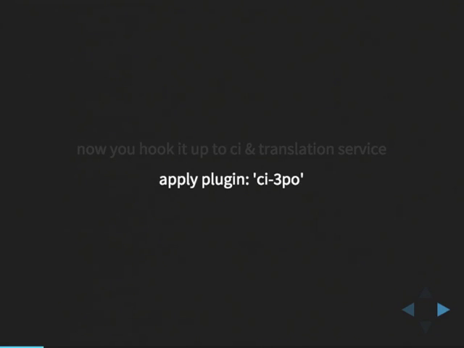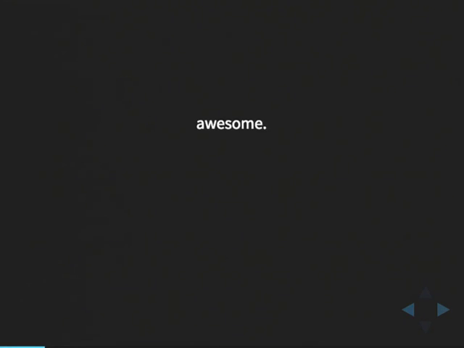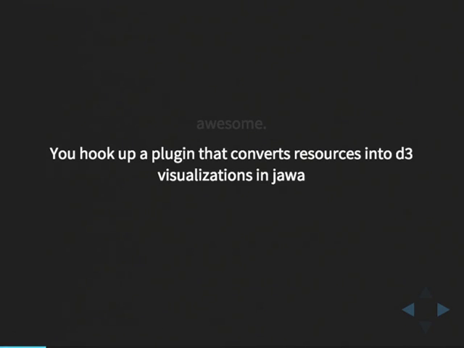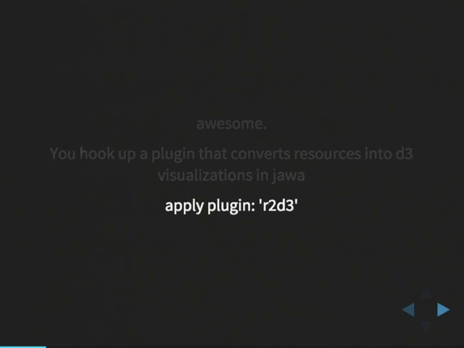So you apply this plugin, CI 3PO. Great. Awesome. So then you hook it up to another plugin, and this plugin converts your resources into D3 visualizations in Java. So you apply this plugin, R2D3. So you've got all these cool plugins, and then you do a build, and you get an error. It says build failed.